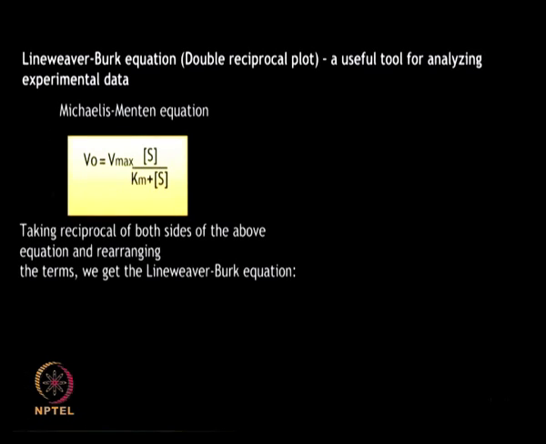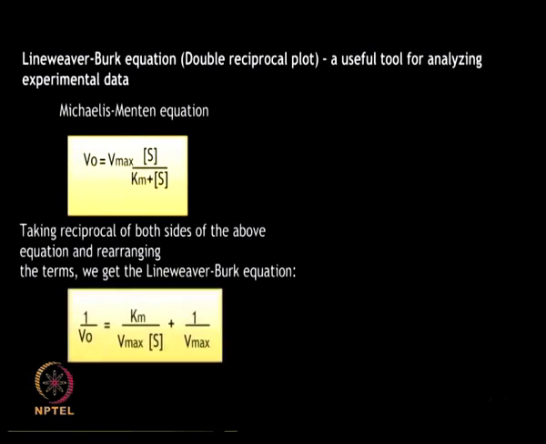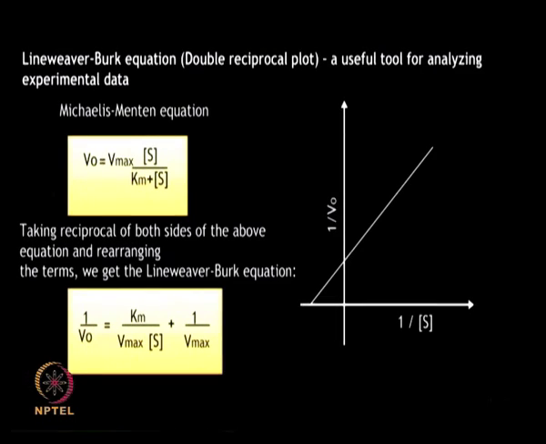This equation is derived from the Michaelis-Menten equation by taking reciprocals on both sides and then plotting a graph of 1/V0 versus 1/substrate. The y-intercept on this graph can be used to deduce the value of Vmax, while the x-intercept gives the value of Km.